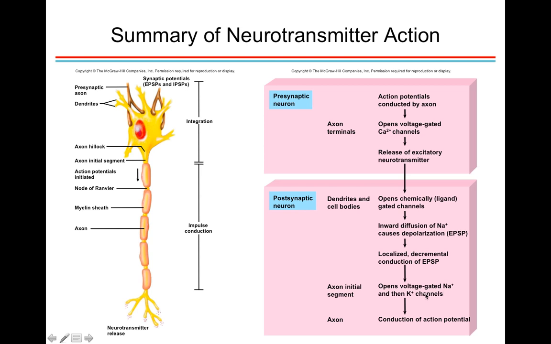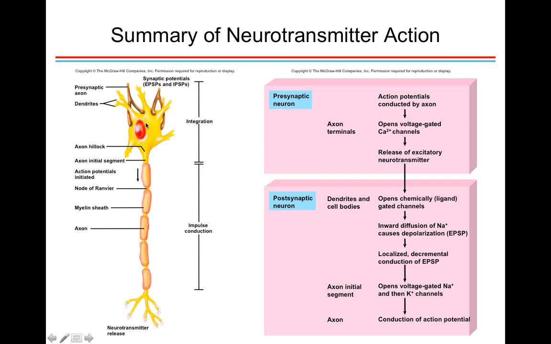And once it hits the certain threshold, it'll then open the voltage-gated potassium channels, and then the action potential will be transmitted down the axon, and its axon terminus will then release neurotransmitters to stimulate the next cell, right?